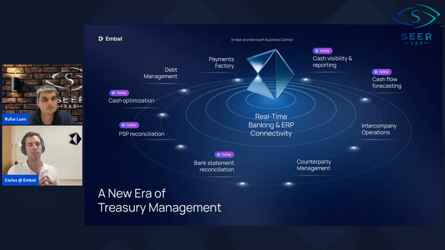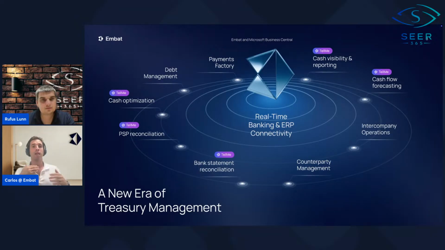With our system, typically for our customers, 93 to 96% of their bank transactions or PSP transactions are automatically booked into their GL and then reconciled with the bank statement. A lot of time saving, a lot of error saving in those modules.